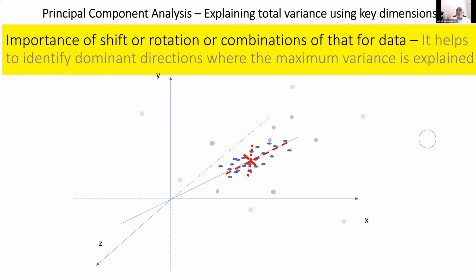Locality is where most of the observations are. That is about the location of the data. And it could be in multi-dimension or single dimension, whatever it is, right? The location of the data. The second part is explaining where the maximum variance is. And principal component analysis first finds the maximum variance.